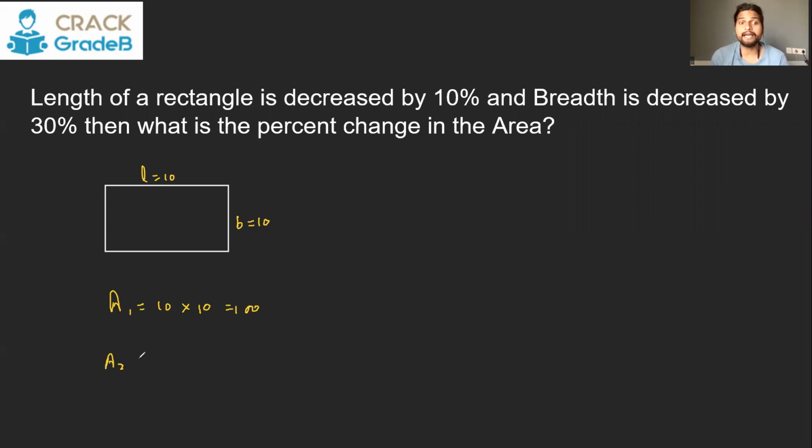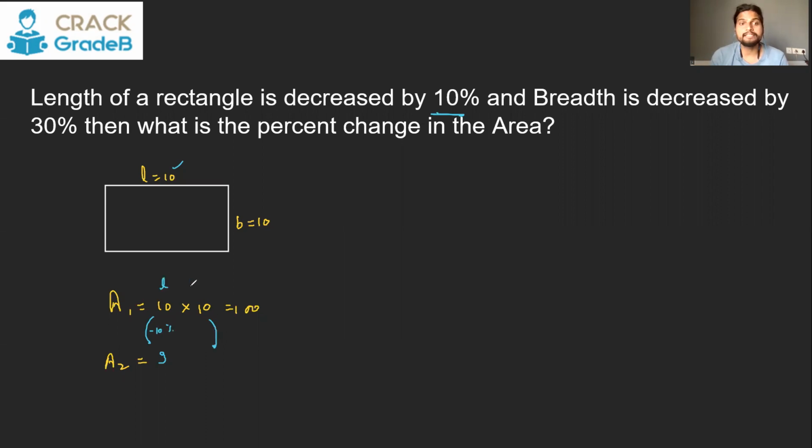But what is the area now? Because length is decreased by 10%, if earlier length was 10, now the length is going to be 9, because 10% of 10 means 1.